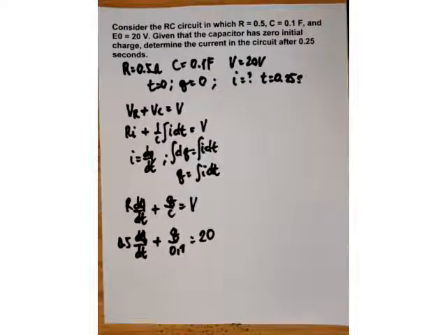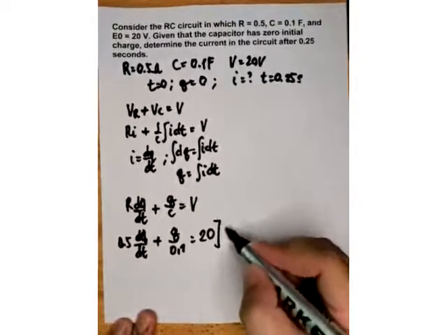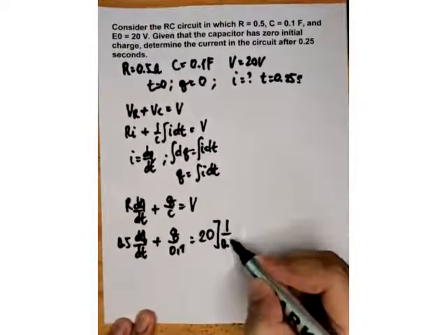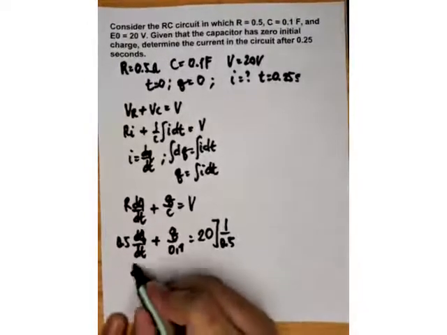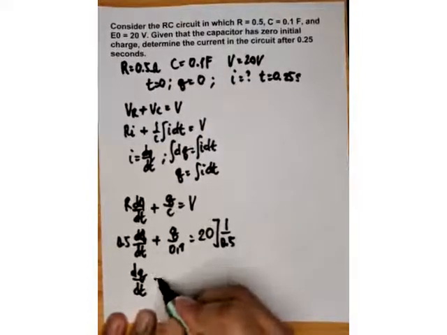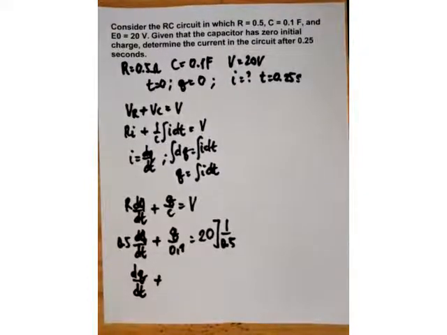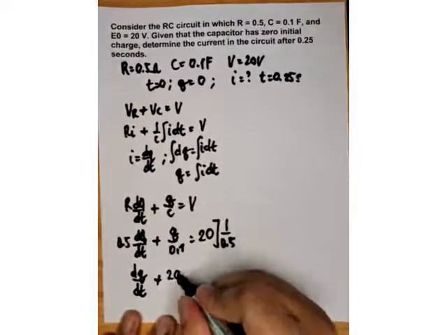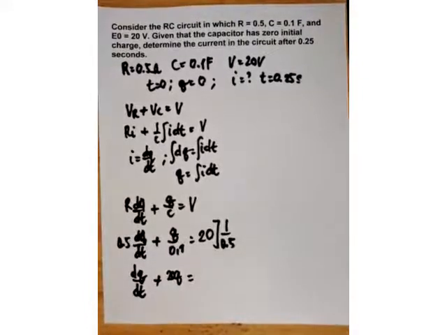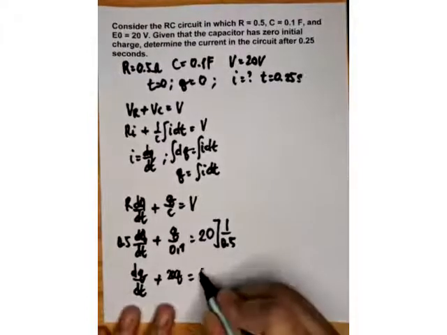Okay, so let's simplify muna. Kailangan mawala yung 0.5 dito. So let's multiply the equation by 1 over 0.5. So this is dq over dt plus 1 divided by 0.1 divided by 0.5, so 20q, is equal to 40.